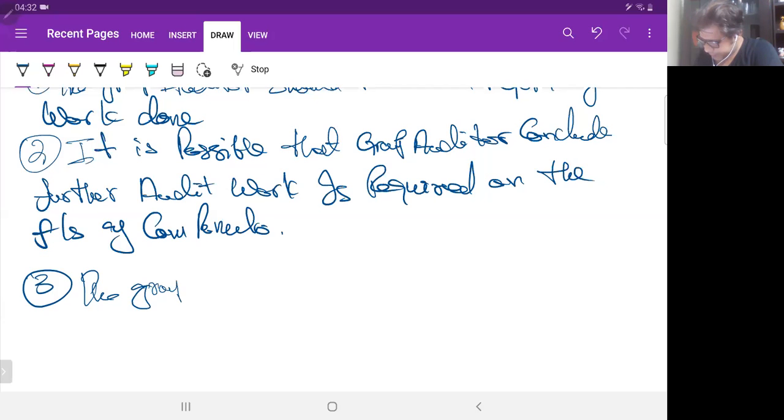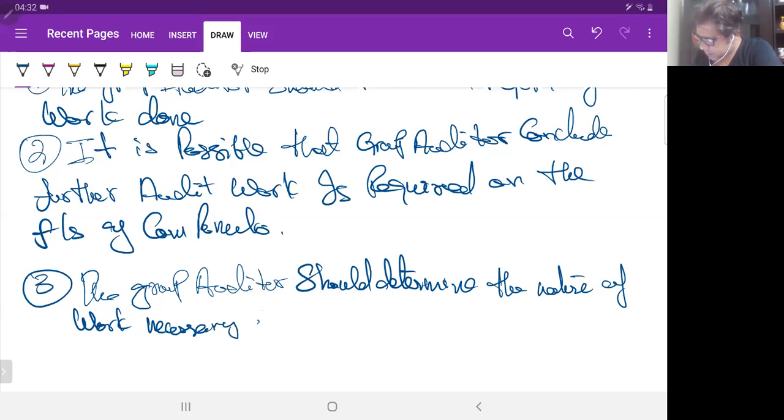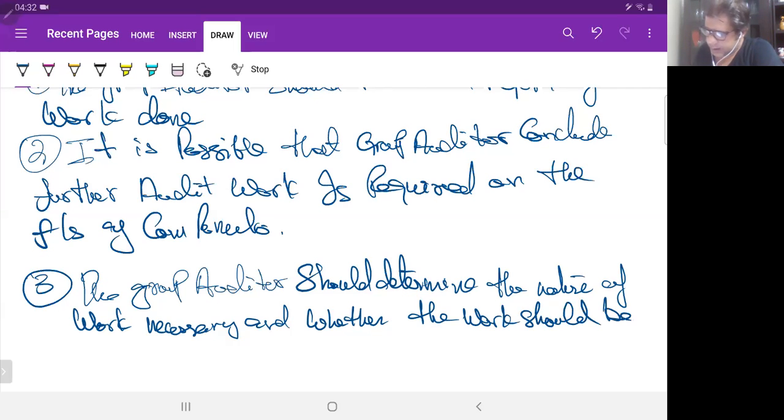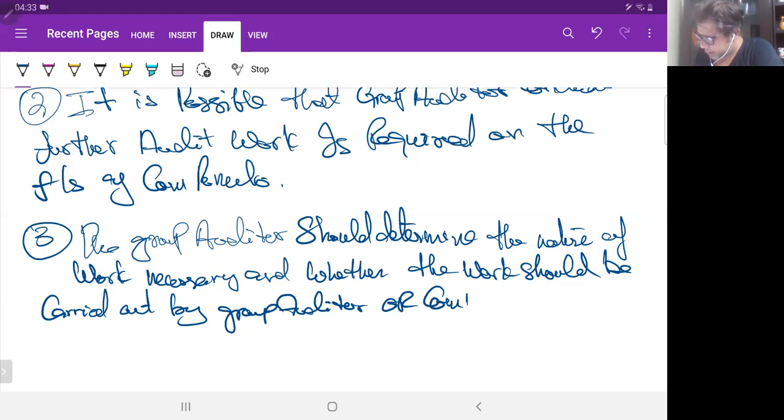The group auditor should determine the nature of the work necessary, and whether the work should be carried out by the group auditor or component auditor, right?